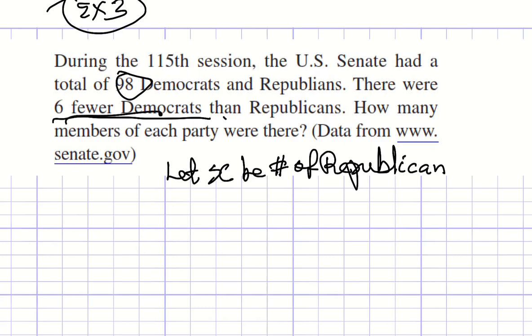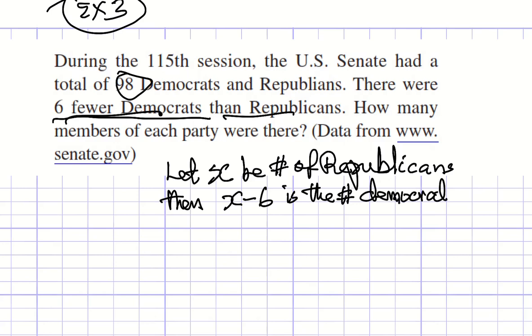Since there are fewer Democrats than Republicans, it has to be negative. So X minus 6 is the number of Democrats. I hope you see that, right?